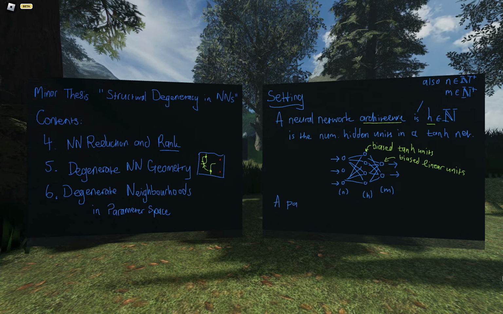A parameter is then a vector in, let me see, how many parameters are there going to be? How many individual numbers in a single parameter vector? I'm deciding what dimension to give this parameter space.